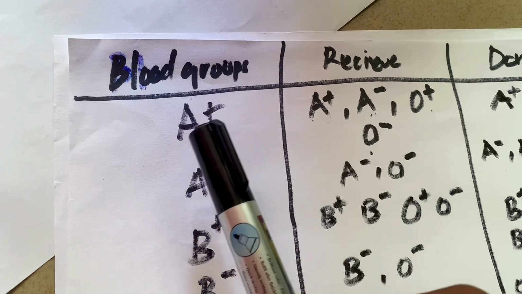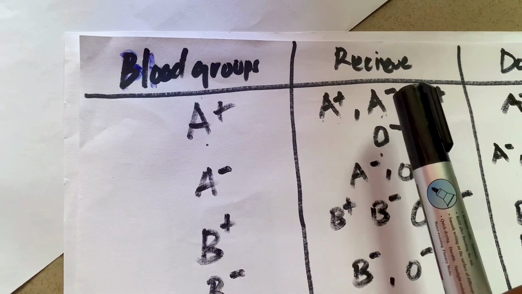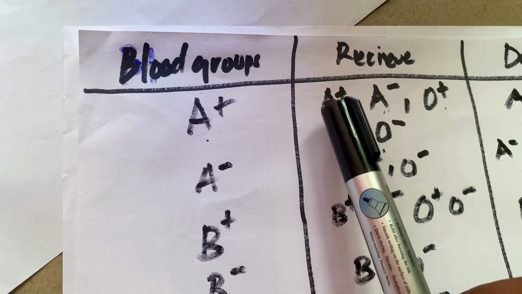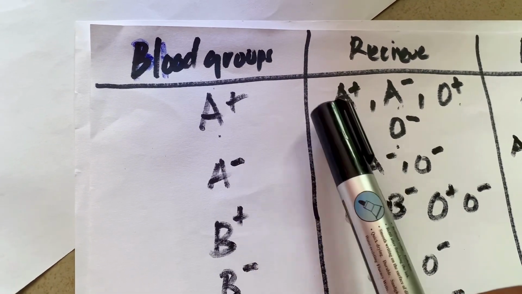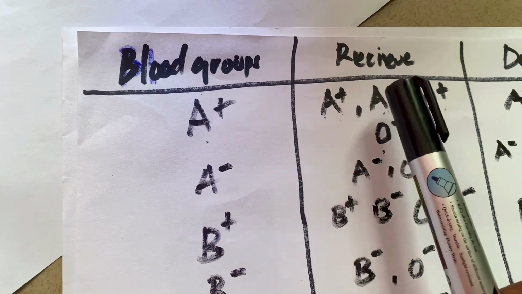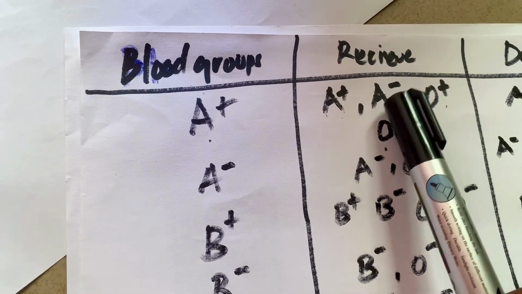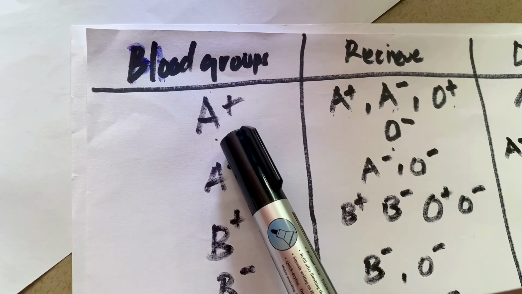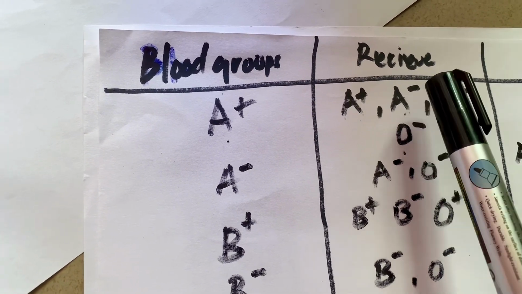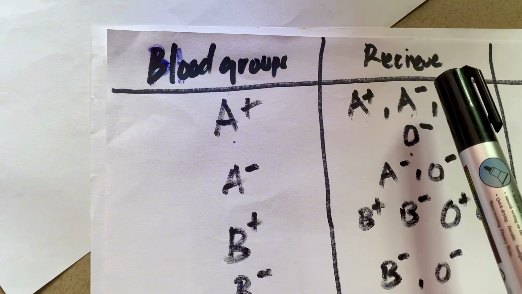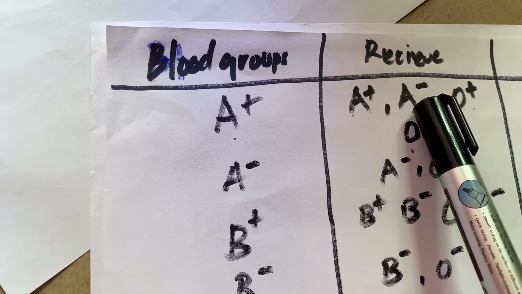A positive can receive from A positive because they have the same antigens and the same antibodies, so there will not be any reaction. A positive can receive from A negative because A negative is compatible with A positive via antigens. Although A negative has the absence of the Rhesus factor, which is the anti-D, it is okay.